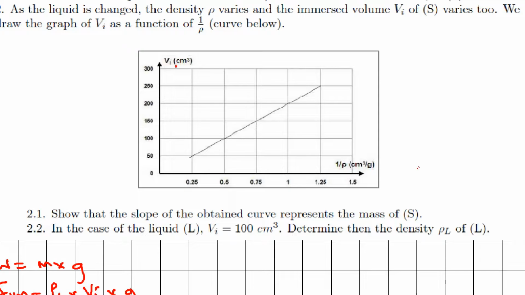It's expressed in centimeter cube, which is not the SI unit of volume. The x-axis is labeled by 1 over ρ, whose unit is centimeter cube per gram. Why? Knowing that one of the units of the densities is given by gram per centimeter cube.